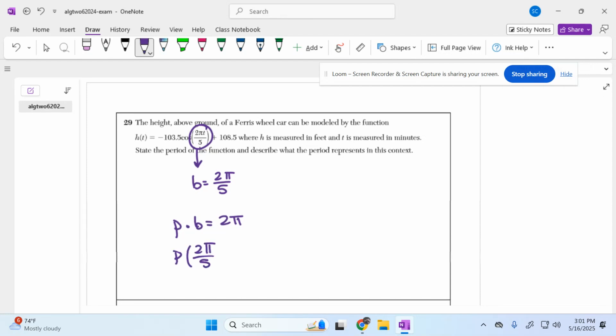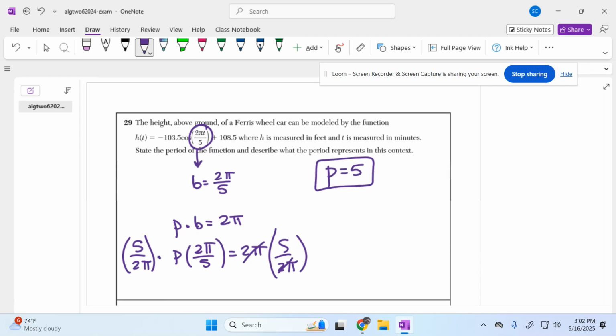So we have this expression that we are trying to solve. We can multiply both sides by the reciprocal because that's what we do when we want to get rid of fractions algebraically. And we can see that these 2 pi's are going to eliminate themselves, giving us a period of 5. Now, in the context of this problem, the variable is in terms of minutes.